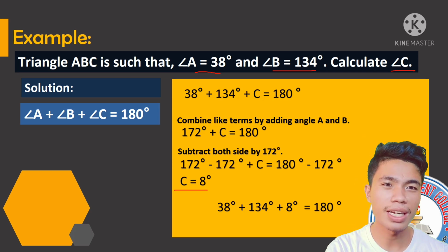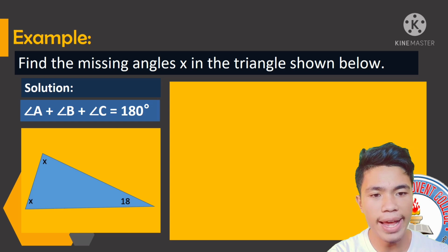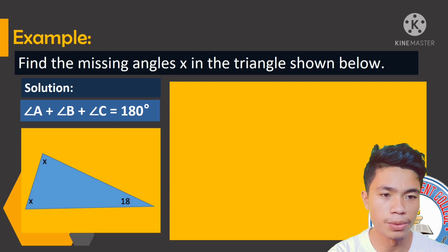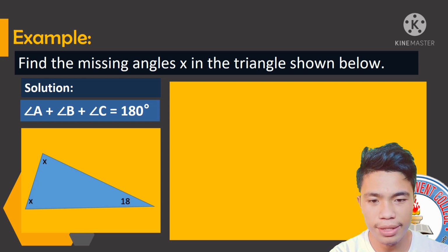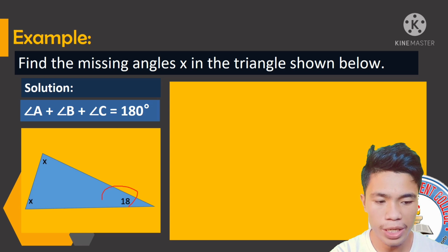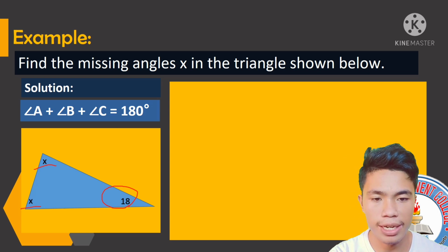What if only one angle is given? Find the missing angle x in the triangle shown below. We have here 18 degrees, and we have two unknown angles, which are x and x.